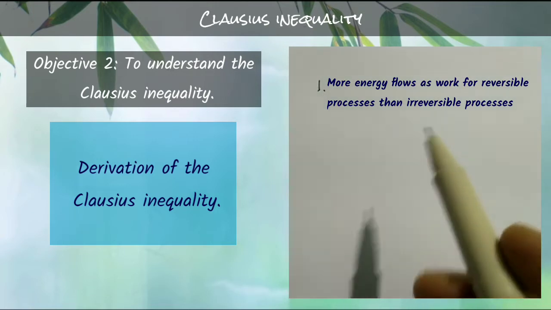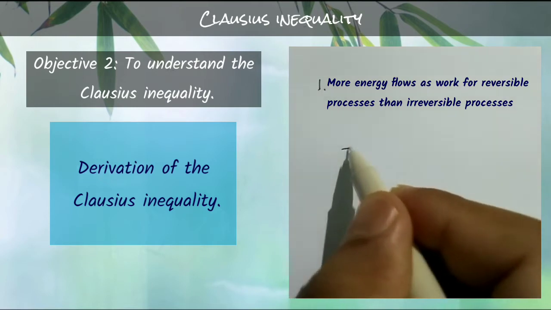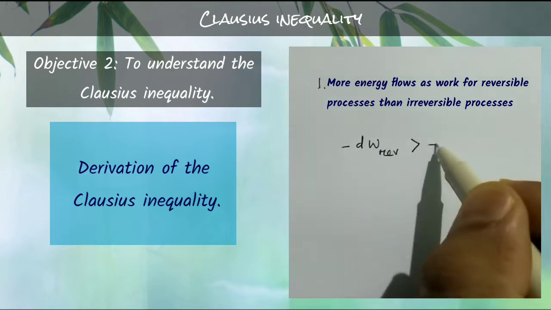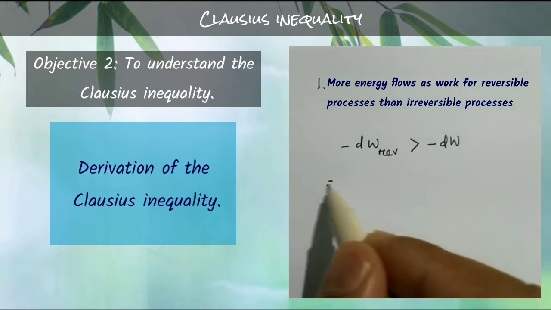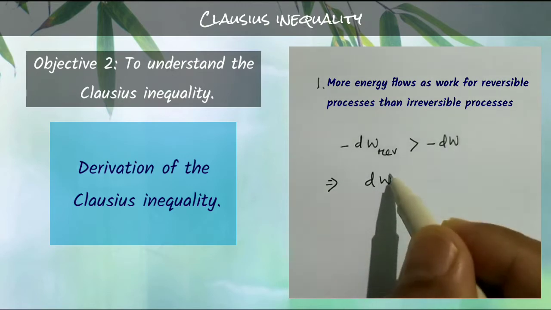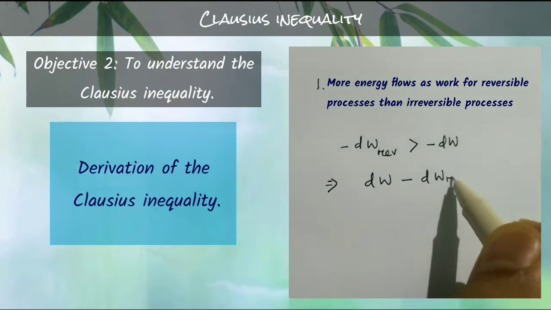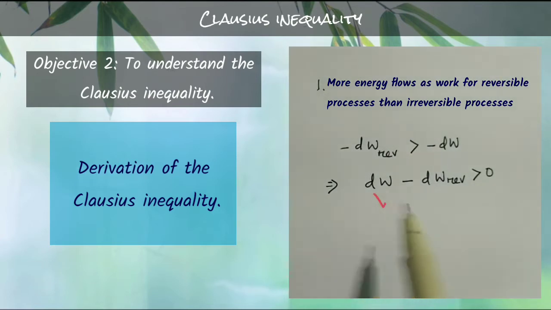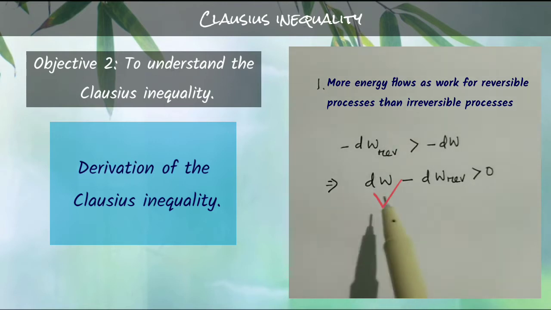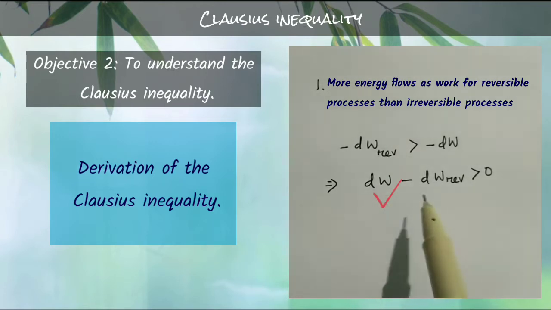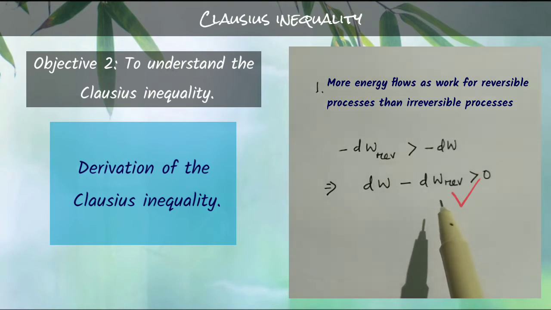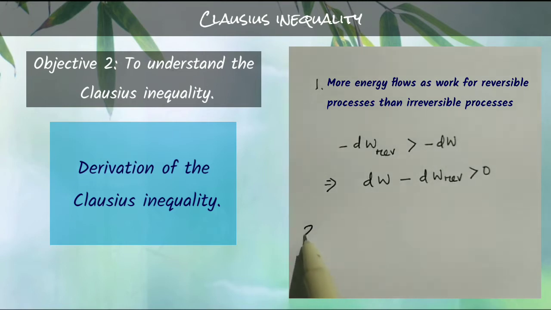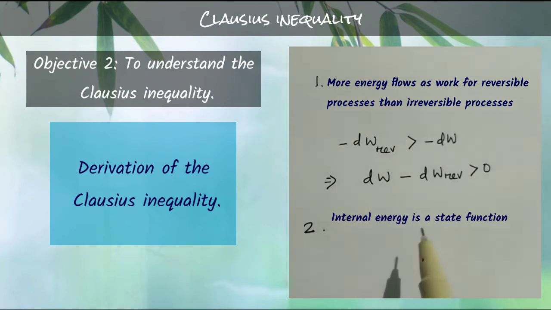So we can write that minus dw reversible is greater than or equal to minus dw, or dw minus dw reversible is greater than or equal to 0, where w represents the work done in the irreversible process, and w reversible represents the work done in the reversible process.